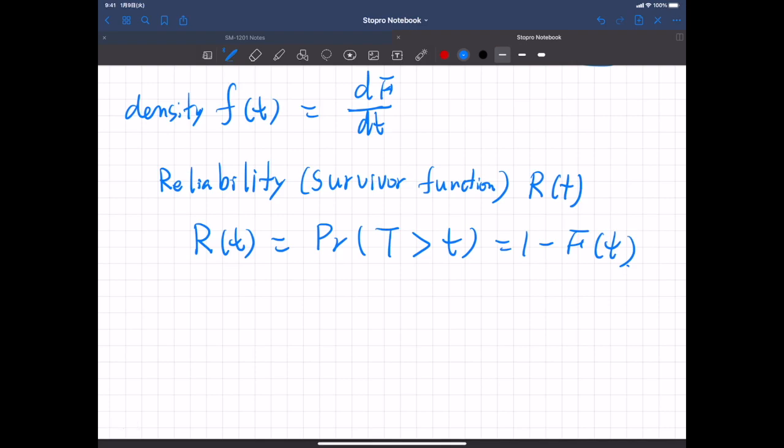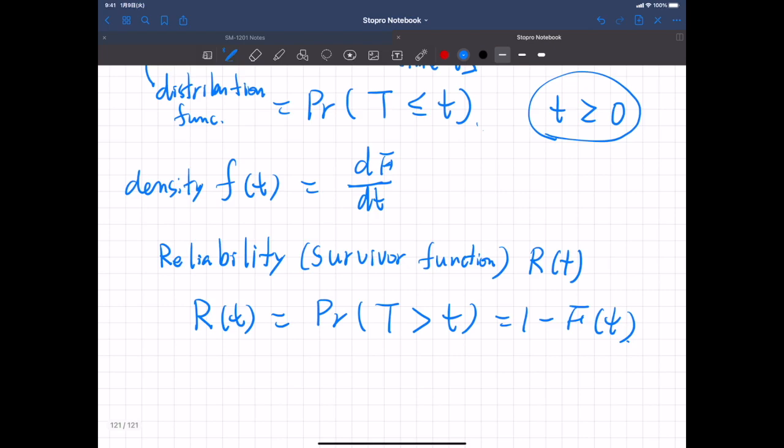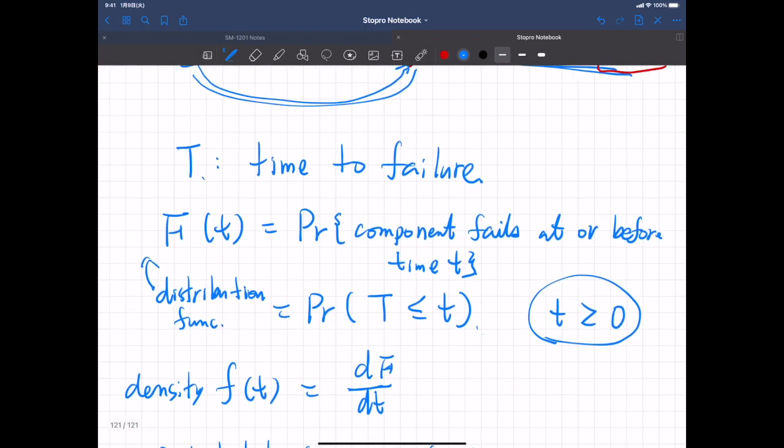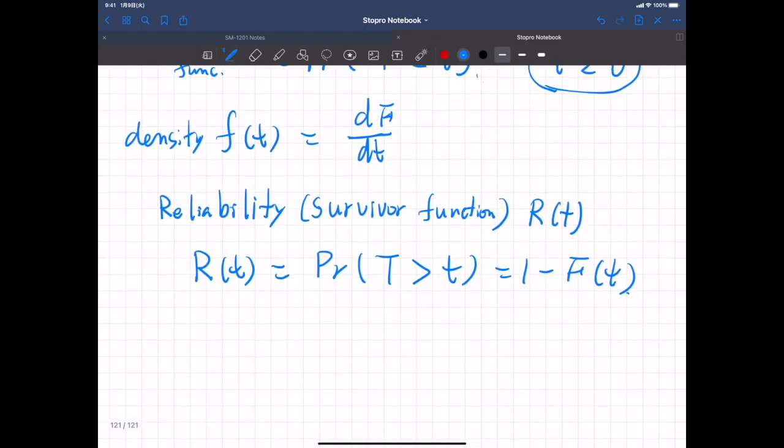Okay. So this makes sense because reliability is the time during which the light bulb is still working. So at this time point t, it is still working, so that's the probability, this one.